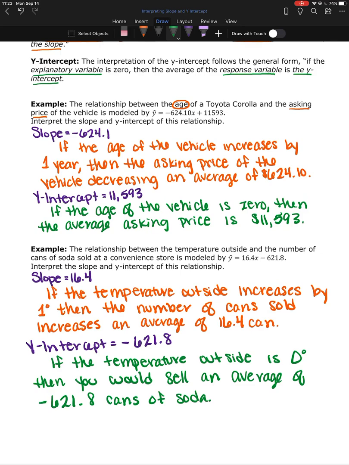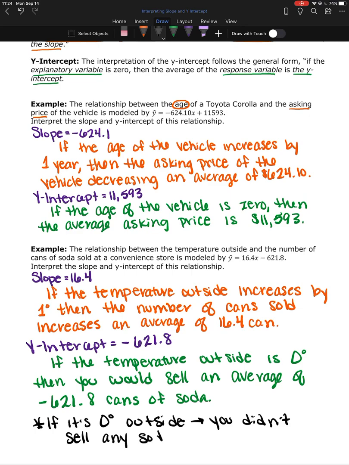Now, with this interpretation, it is not possible to sell a negative amount of cans of soda. So in the real world, which remember these are real world problems, if it's 0 degrees outside, then you didn't sell any soda. No one came in and bought a cold soda when it's 0 degrees outside. They're cold enough.